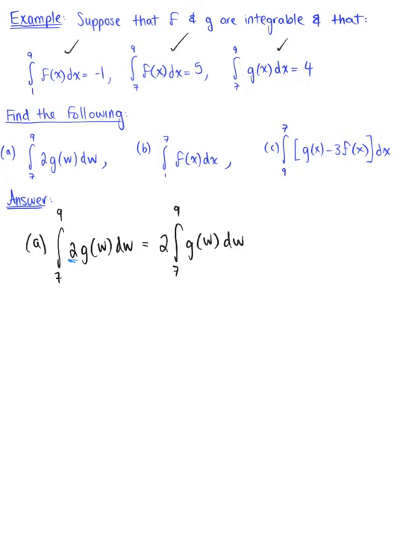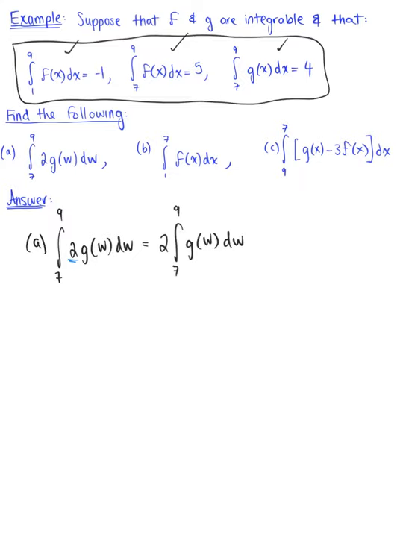And we look up at these three given conditions and think, oh no, we don't see anything that looks like g of w. But then we take a deep breath and realize, wait, the definite integral doesn't depend on the variable, it depends on the function.